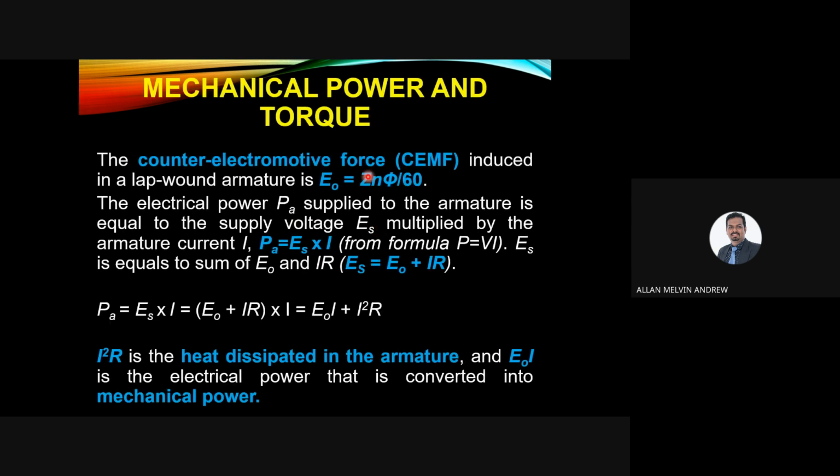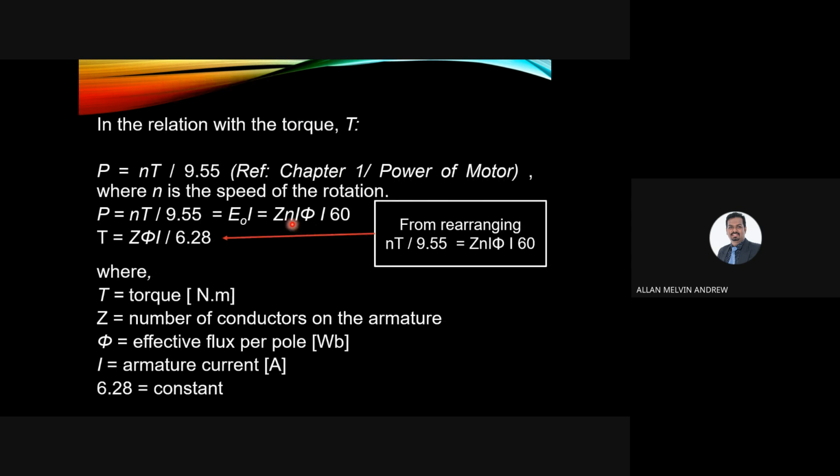We take these two components and rearrange, and we get the formula for T: T equals Z phi I over 6.28. Okay, so all these are the explanation for the formula.